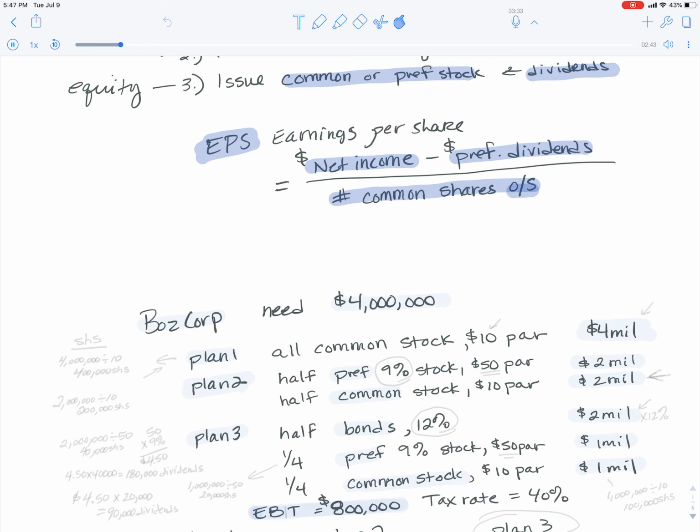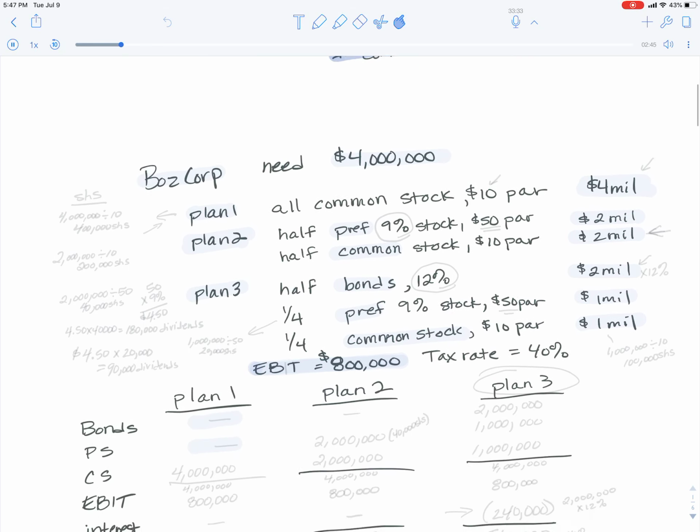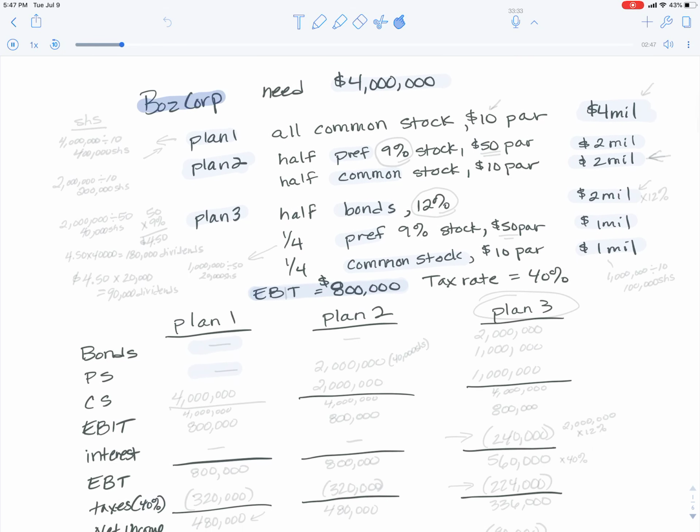So here's an example. We have a company called Boz Corporation, and Boz needs $4 million to finance some opportunity. Either we're going to start a new location, start a new product line, or grow in some way. And we've got 3 plans to raise $4 million. Plan number 1, we issue all common stock at $10 par.